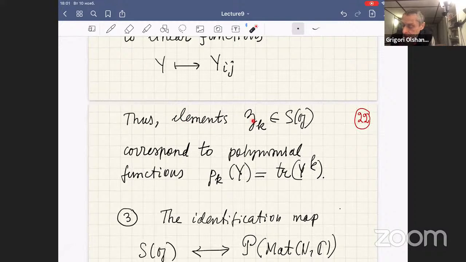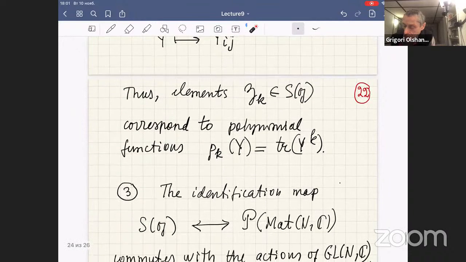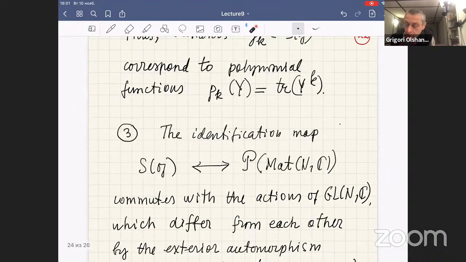These elements correspond to these polynomial functions, because the rule of forming these elements just coincides with the rule which comes from this definition. But this is my remark that I started and interrupted. I would like to return to it.